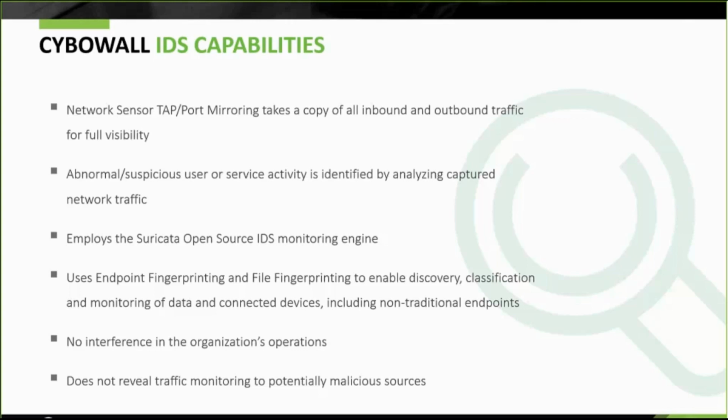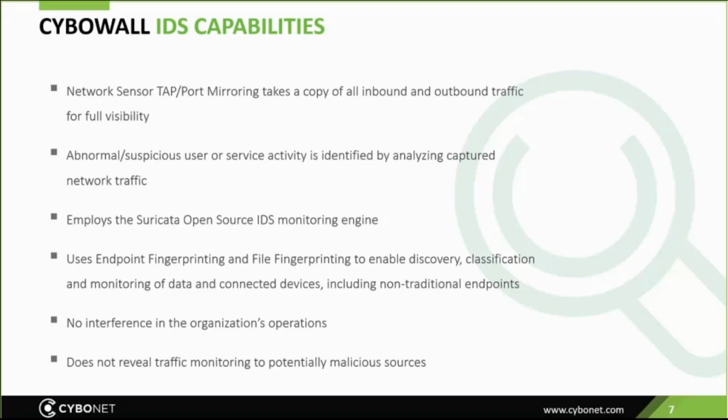Okay, now we're going to start talking about capabilities that Cybowall has, and then we're going to focus on exactly where or how they exist inside Cybowall, and then we're going to do a demo. So let's start with the IDS capabilities.